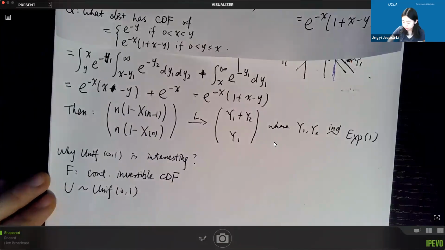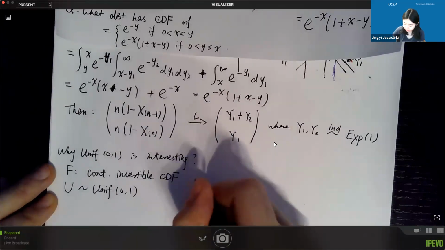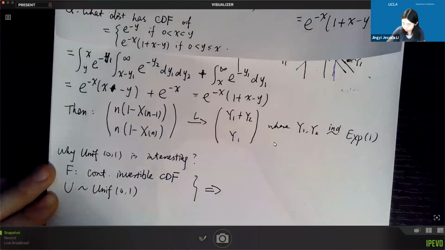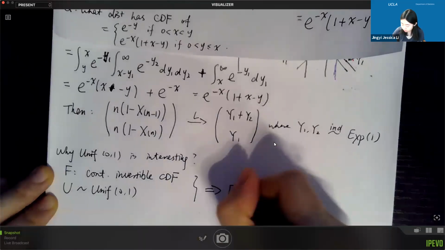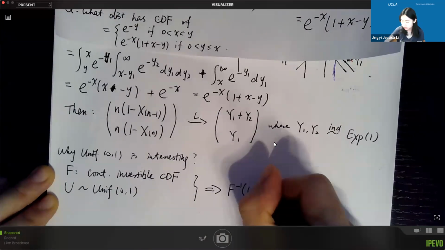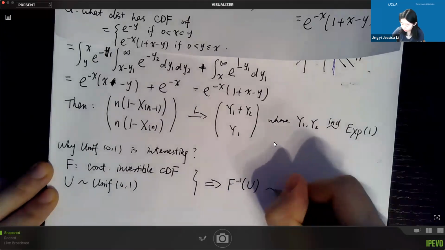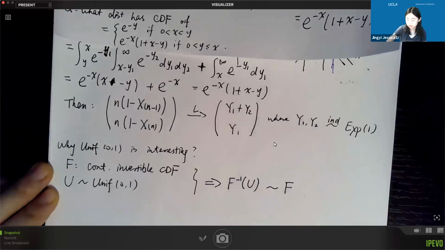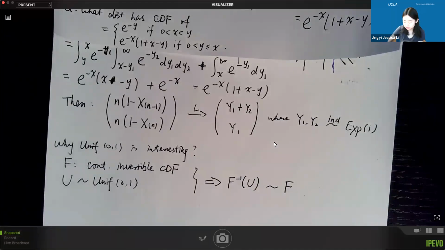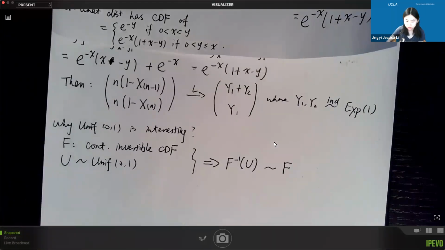Then we apply the inverse of the CDF to U, and this transformed random variable follows F as its CDF. This is the reason why uniform is so interesting, because we can use it to create a random variable that follows a continuous distribution.